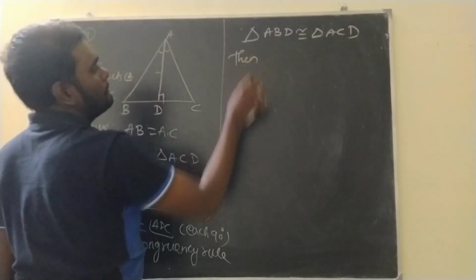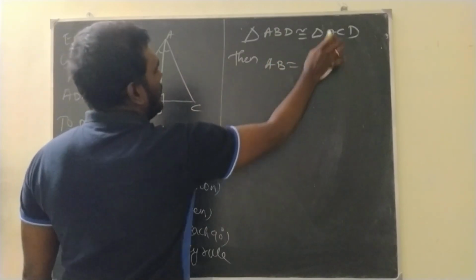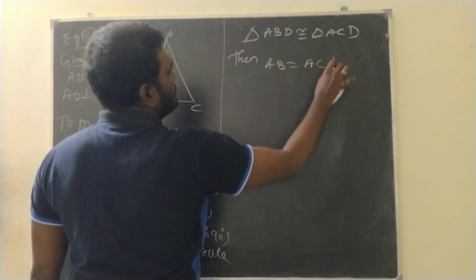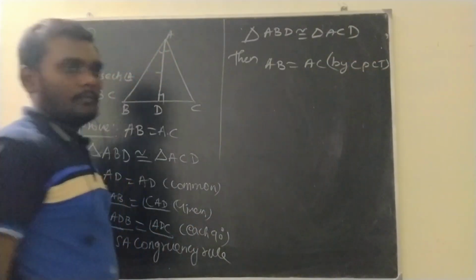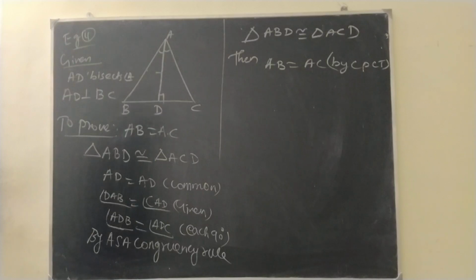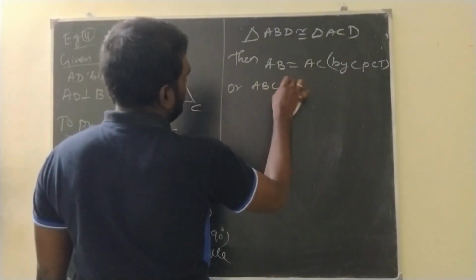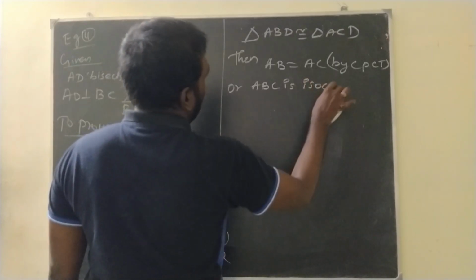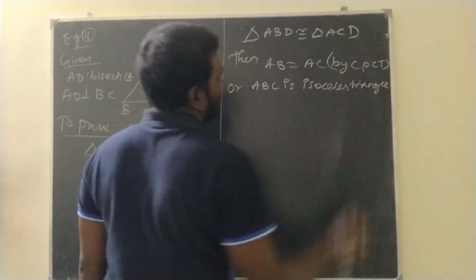Then we can say AB is equal to AC by CPCT, so ABC is an isosceles triangle. That is it.